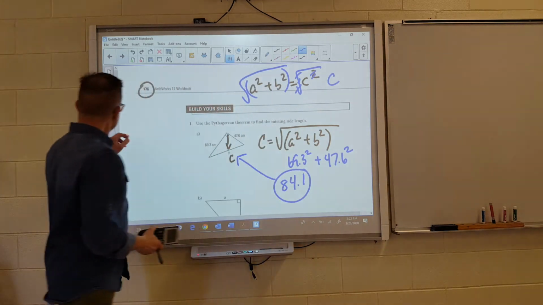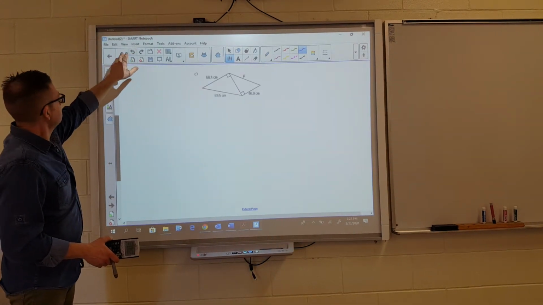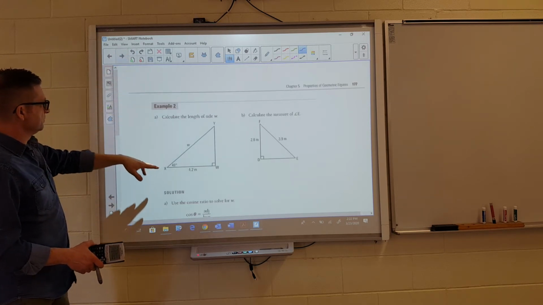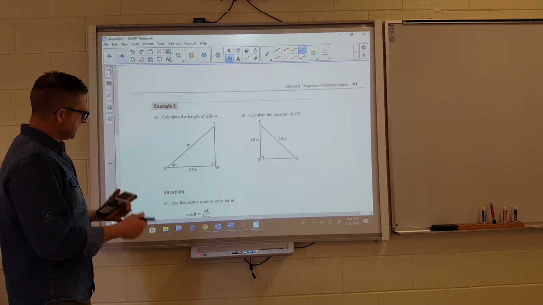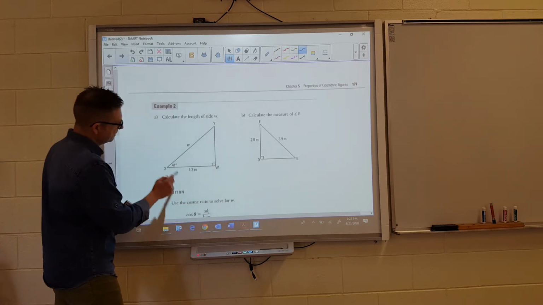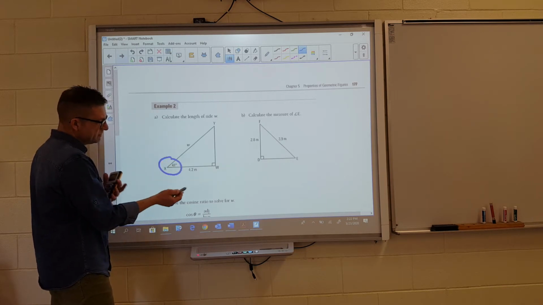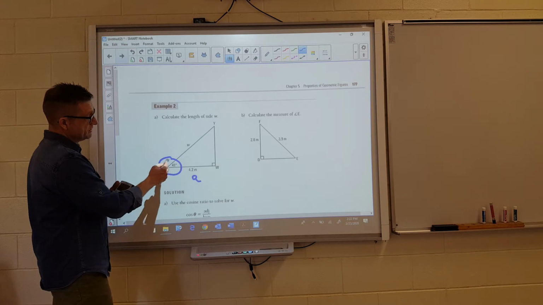So if we look through, let's go a little further. Let's see here, example 2, calculate the length. Now we're getting into some of those sine, cos, and tan things, but remember the strategy from last year: I always circled my angle, which gives me a reference point, then I labeled with respect to what I saw from the angle.